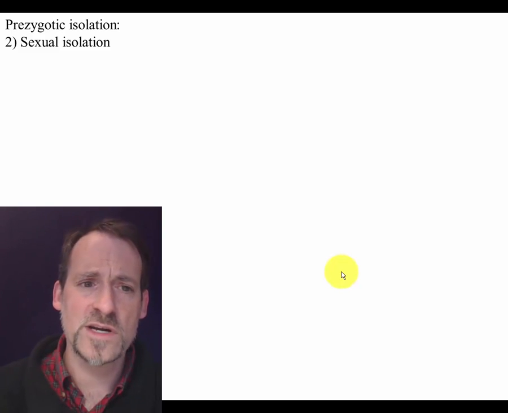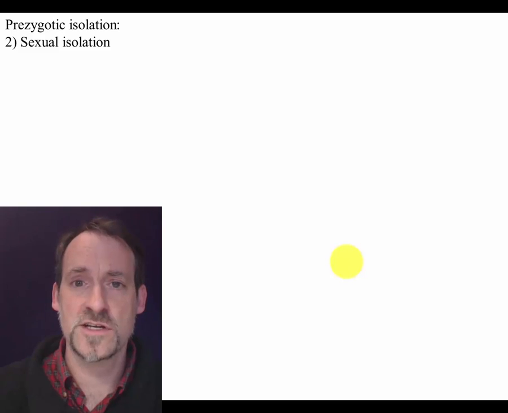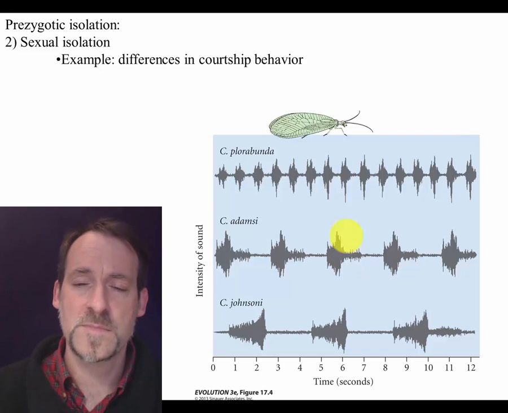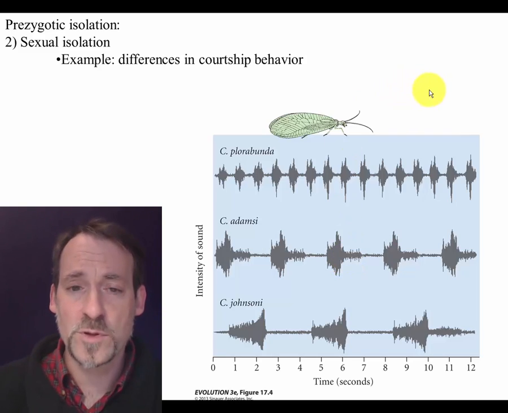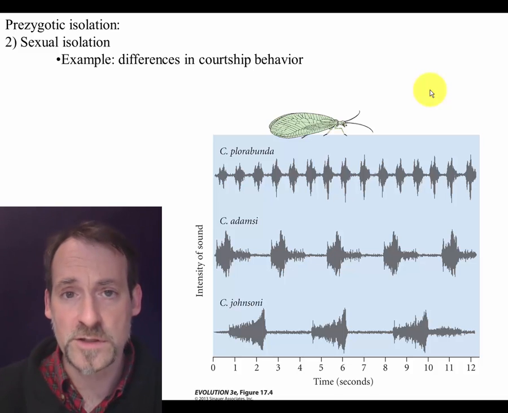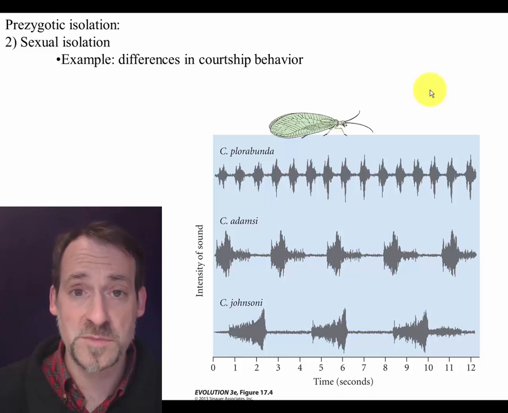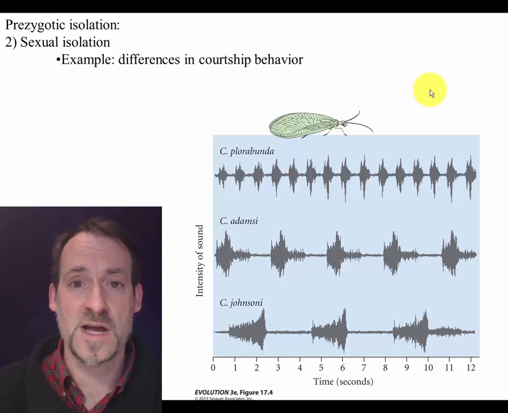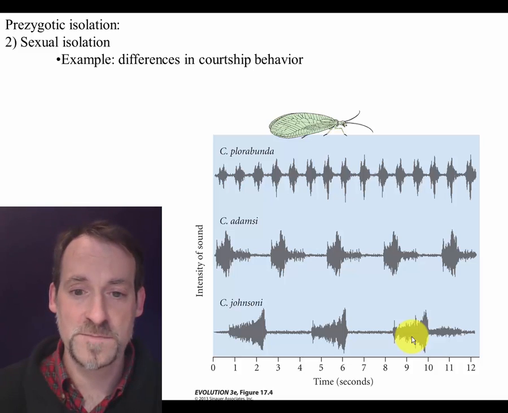There's another category of prezygotic isolation that's called sexual isolation. For example, many organisms engage in courtship behavior, and if you don't engage in the right kind of courtship behavior, an individual of the opposite sex is not going to be interested in you. These are insects called lacewings, and they have particular mating calls.